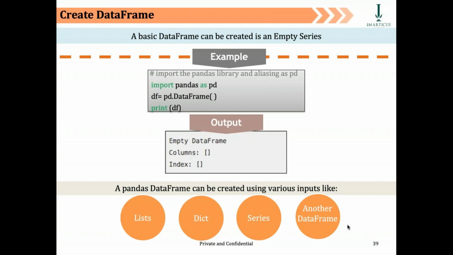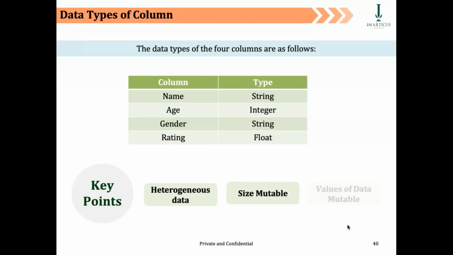So basically, a pandas data frame can be created using various inputs like list, dictionaries, series, or any other data frame. We can convert it into a pandas data frame. Now, the same thing that we have already discussed is talked about over there. So basically, gender is a string or boolean, name is a string, age is integer, and rating is float.